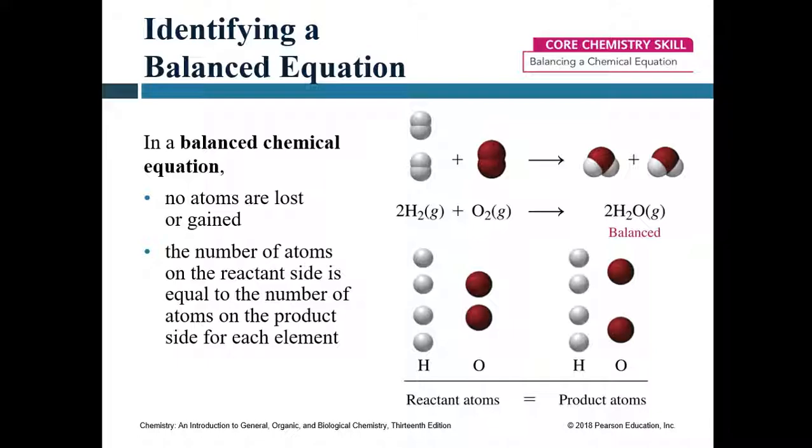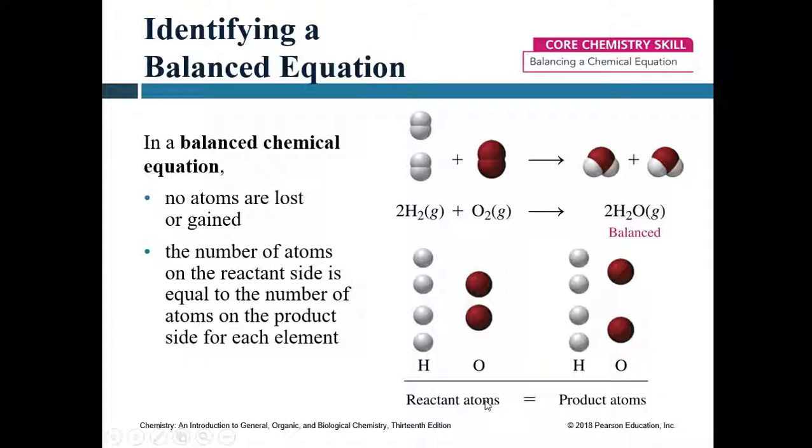Now, there is a principle that matter can neither be created nor destroyed. And so another application of that is that no atoms are lost or gained. So in our balanced equation, when we write an equation, we have to have the same amount of product atoms as reactant atoms.